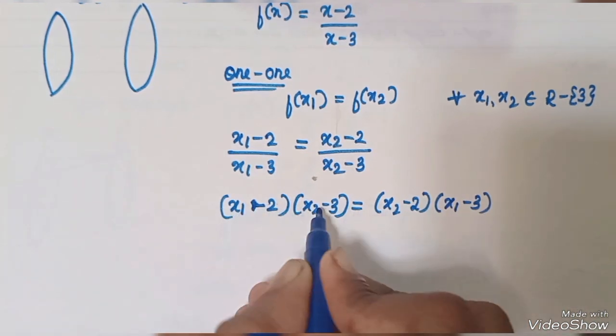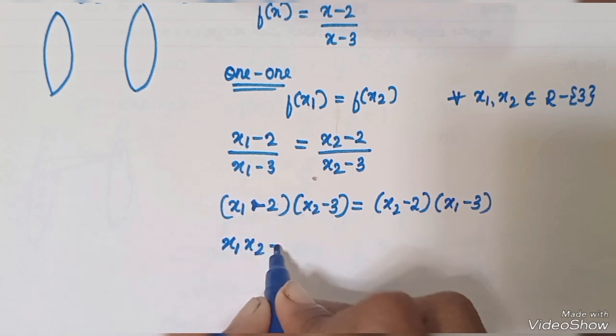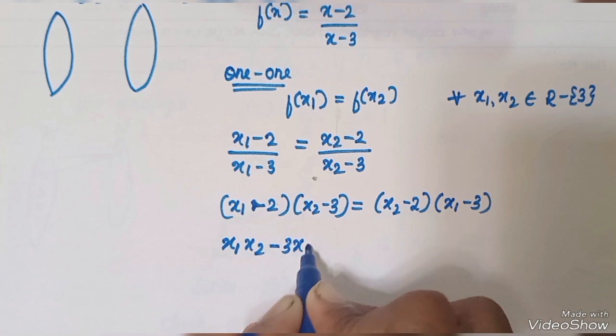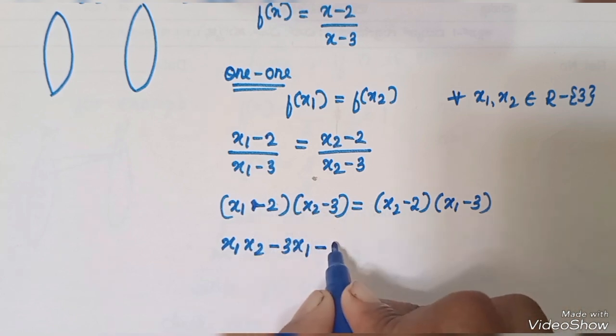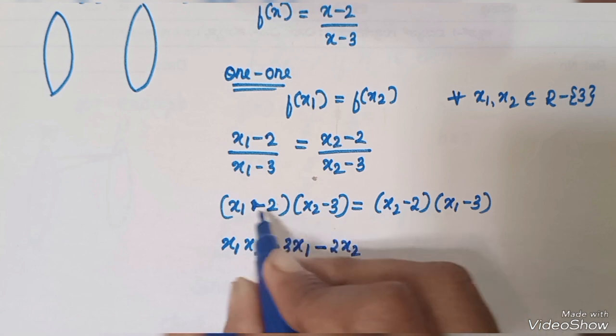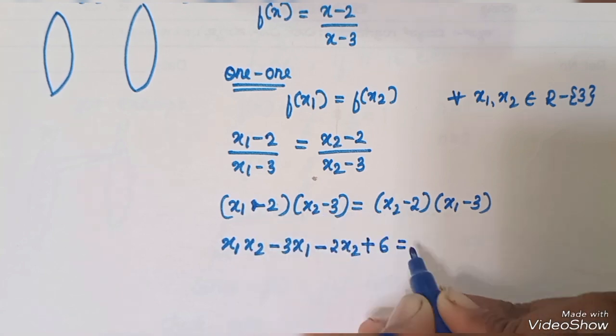Again multiply: x1 into x2 gives x1x2, x1 into minus 3 gives minus 3x1, minus 2 into x2 gives minus 2x2, and minus 2 into minus 3 gives plus 6.